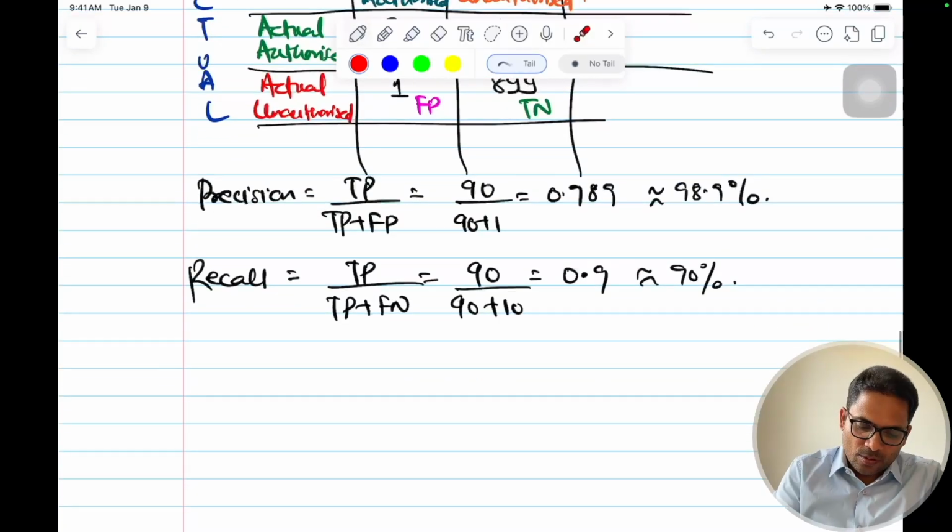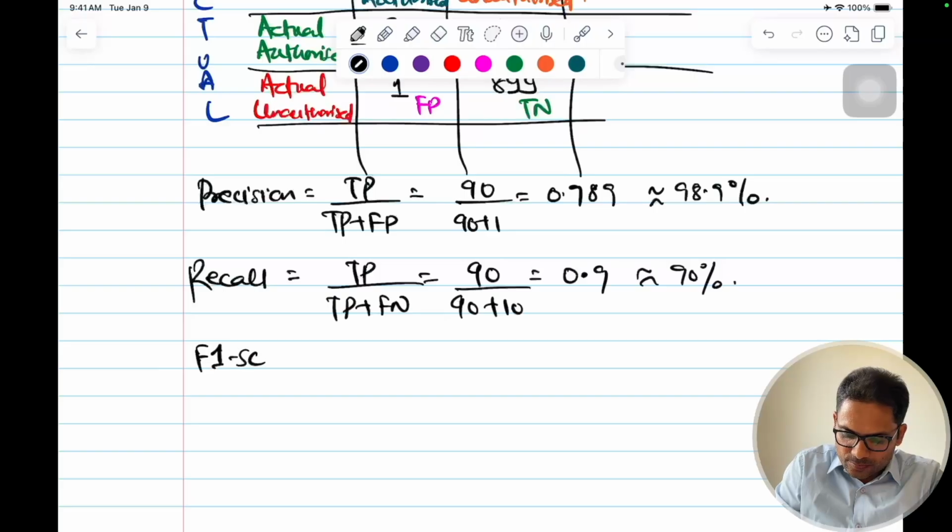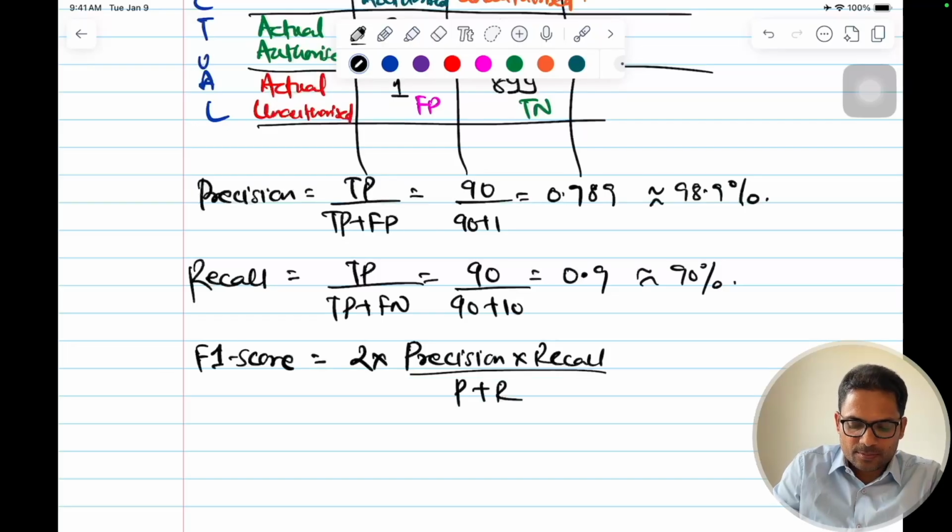So what is my F1 score? This is 2 into precision into recall by precision plus recall, P plus R. So it's 2 into 0.989 into 0.9 by 0.989 plus 0.9.